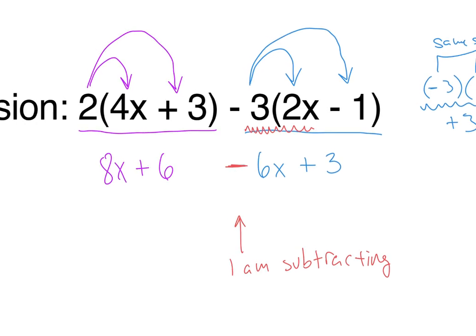If you want to come back up here, and before we distribute, you could say, I am removing 3 boxes of this much stuff. Like if we need to draw a picture, you could say, hey, if I remove 3 boxes that have 2x each in them, well, then I would remove 6 x's total, right?